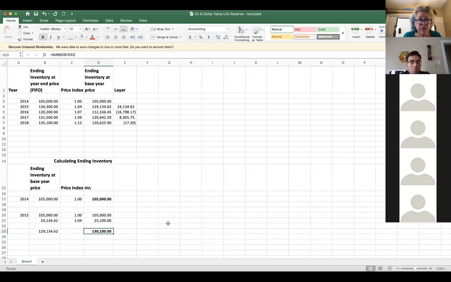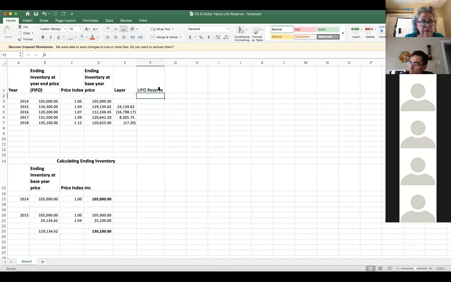The Lifo reserve account represents the difference between FIFO and Lifo. So my inventory at FIFO, or in the year price, minus my DVL is the difference between FIFO and Lifo.